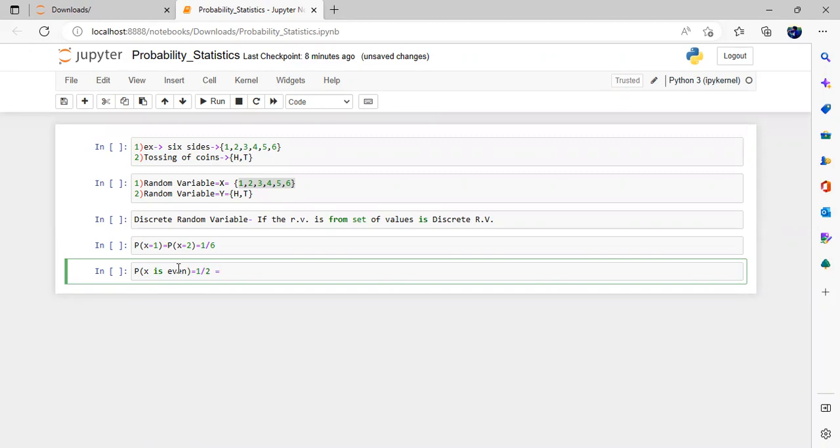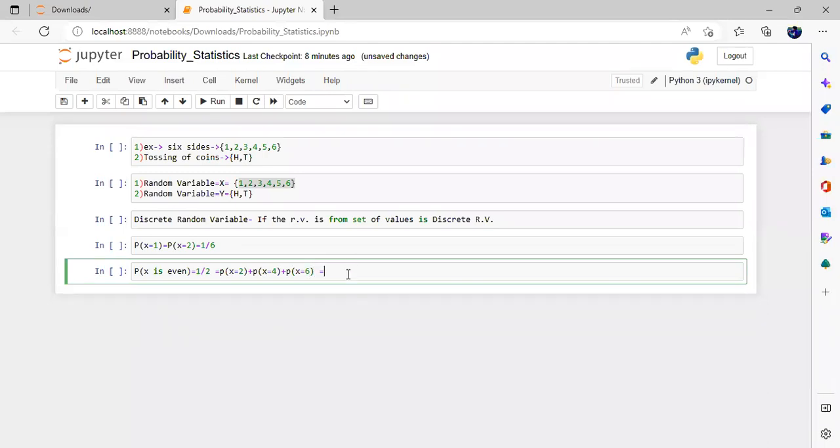It equals probability of x equals 2, plus probability of x equals 4, plus probability of x equals 6.